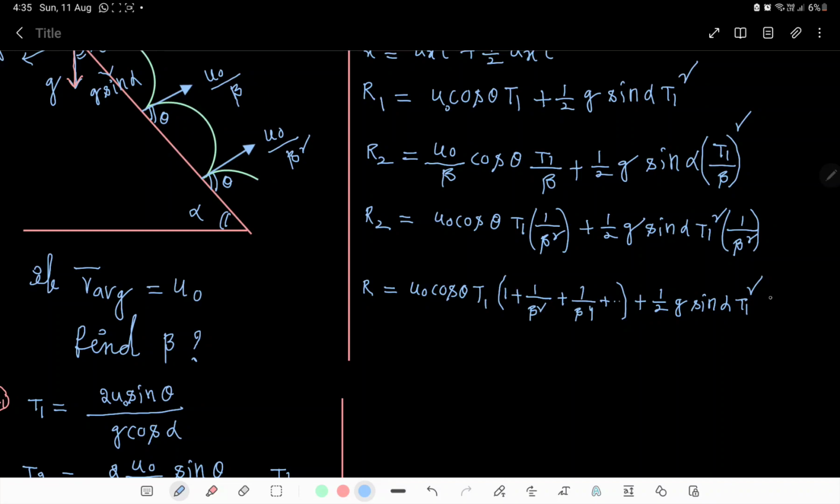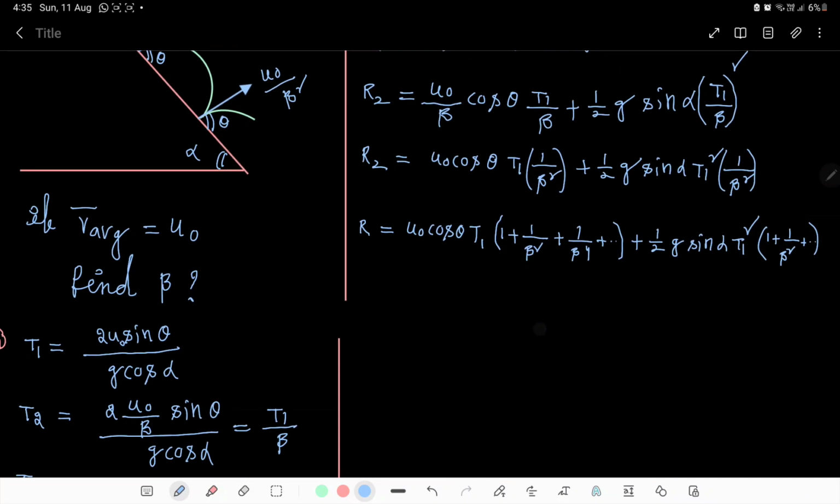Again this can also be written the same way, like 1 plus 1 by beta square plus and so on. Therefore I can write r is equal to u0 cos theta t1.